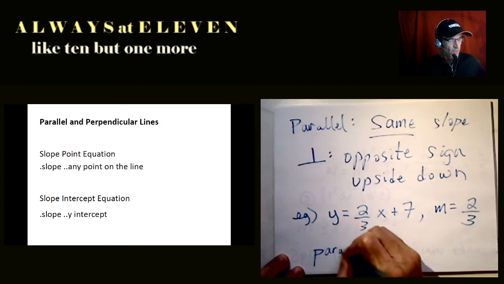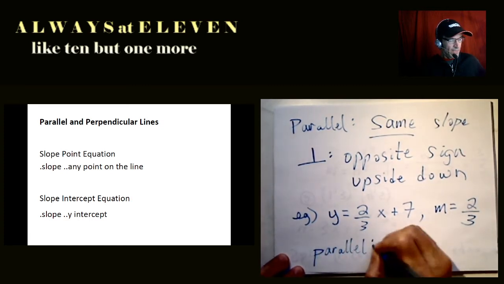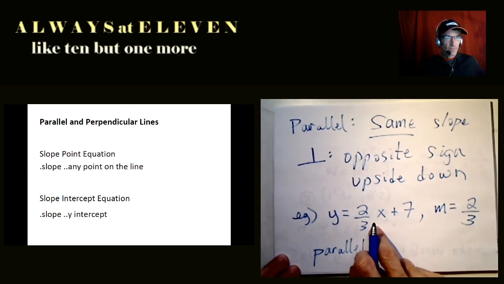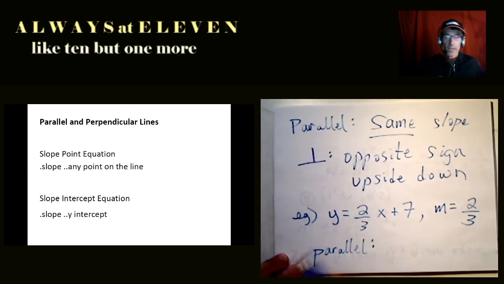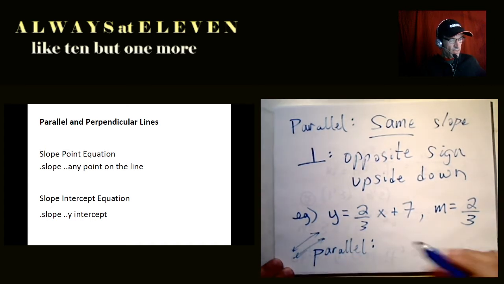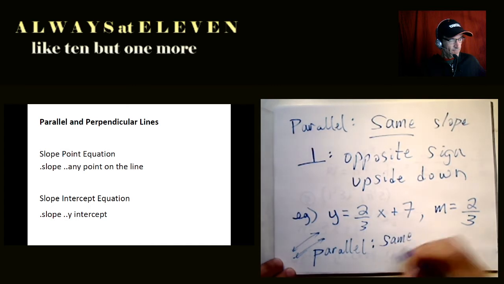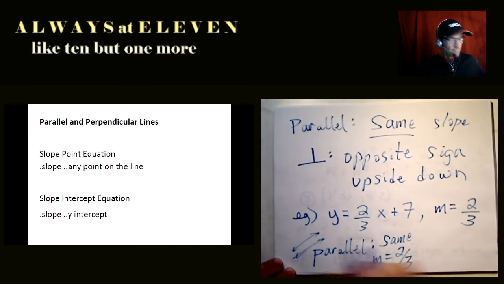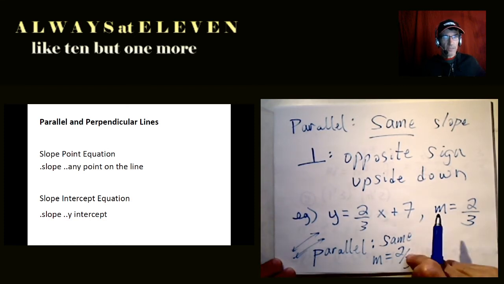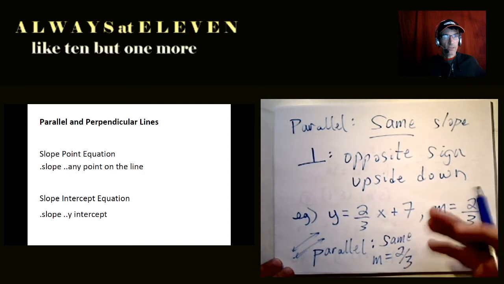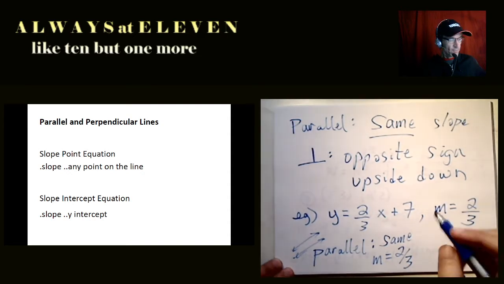If we want to create a line that's parallel to this one, which incidentally means in the same direction, then the slopes are the same. And so we just get m is equal to 2 over 3. Nothing fancy. We just copy it down, and then we'll reuse it when we make our next equation.